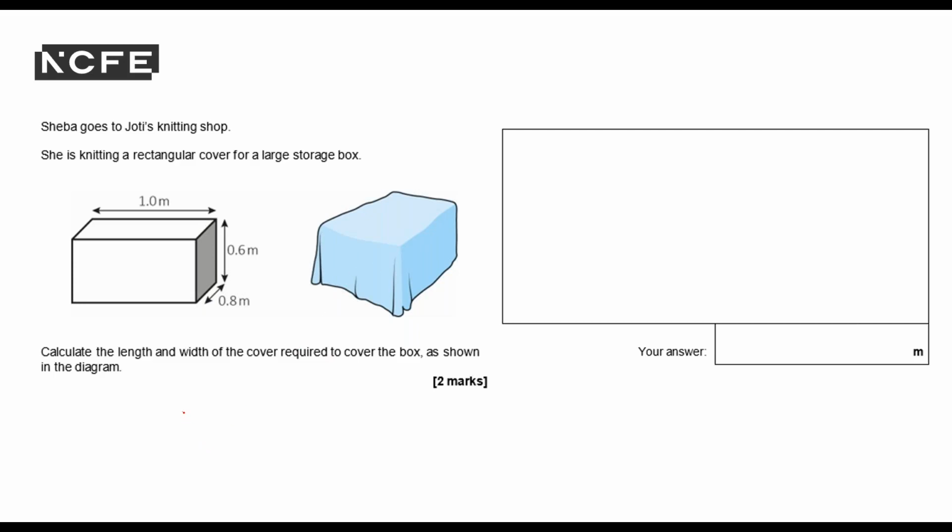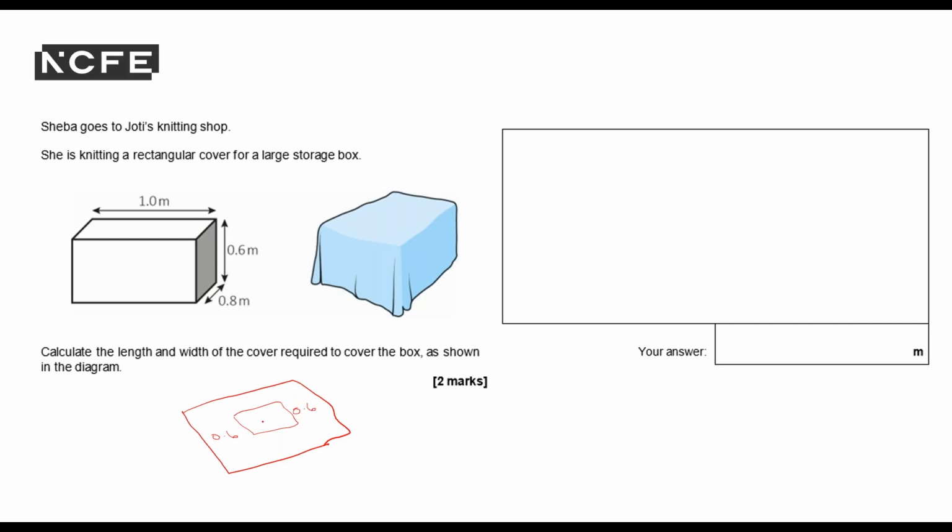So we've got this bit here. So it's basically going to be a square, with this middle bit covering the table. This length here is going to be 0.6, and that'll be 0.6.